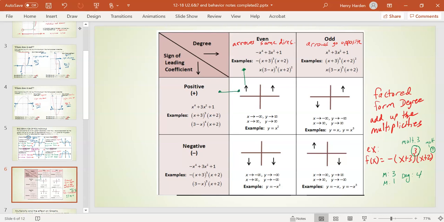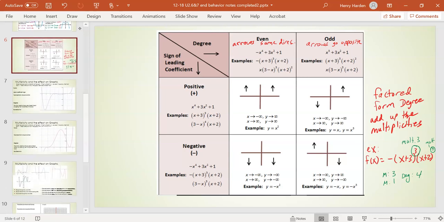Here's your end behavior. Your behavior is always going to be the same for these types of situations. If it's odd, but you have a positive leading coefficient, then it meets over here in this one, and you see how your arrows point. Okay, so that's just something that you can look at, and just some examples of stuff there.